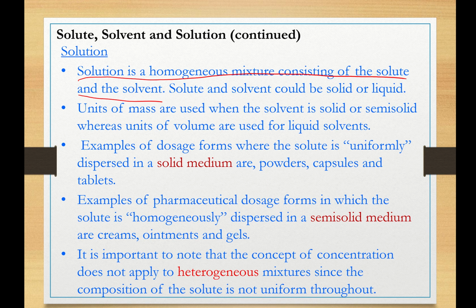Now, when the solvent is solid or semi-solid, it is expressed in units of mass. When it's a liquid, it's expressed in units of volume. Some examples of solid dosage forms and semi-solid dosage forms: solid dosage forms are powders, capsules, and tablets; semi-solid dosage forms are creams, ointments, and gels.